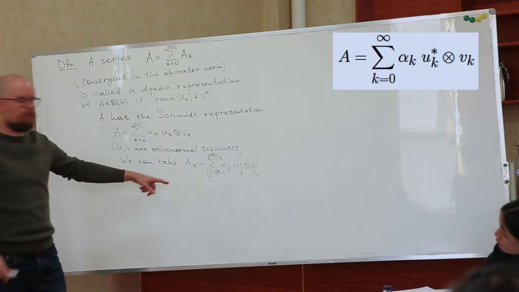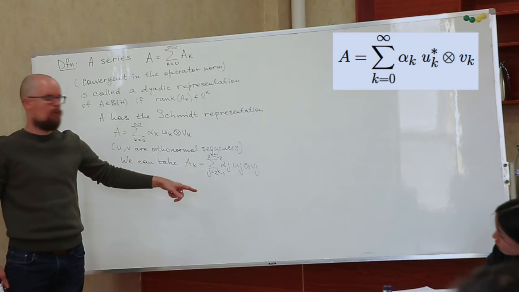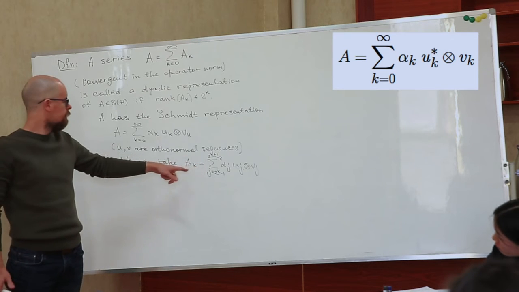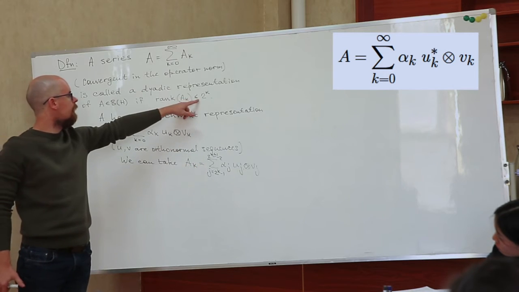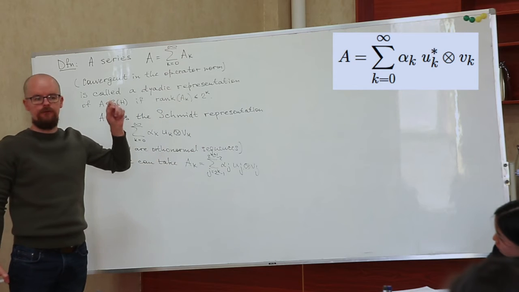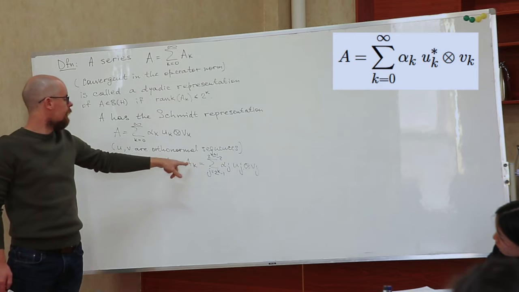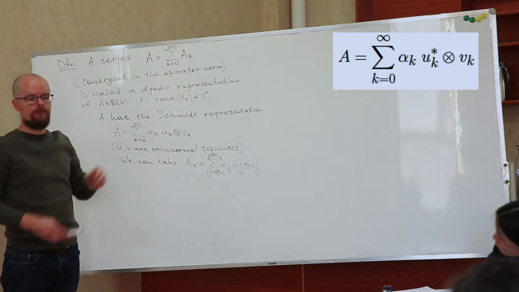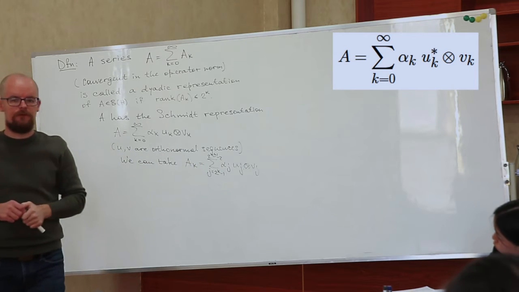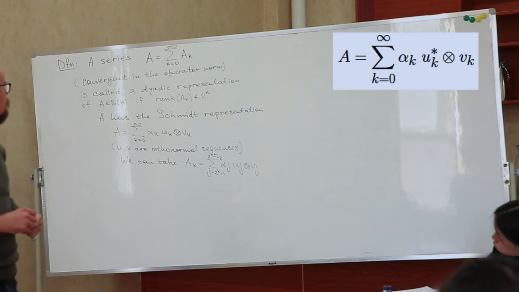So the rank of this operator is exactly 2 to the power of k terms. So the ranks of the A_k are exactly 2 to the power of k, and in the operator norm the series of these operators converges to A. So that's the example of the dyadic representation.